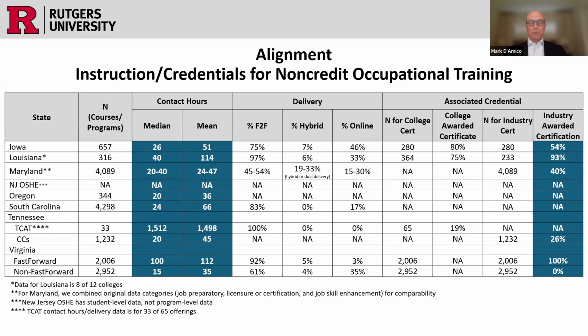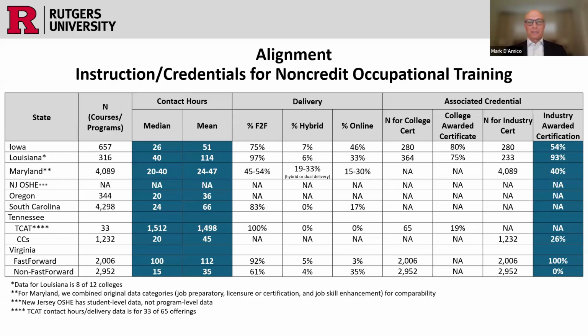And while pretty much all the states we're working with are going to have the contact hour data, it's really only about half of states that we've worked with so far that are already matching their labor market data in terms of employment and earnings, as well as credential data, which are at times elusive, to their non-credit data.